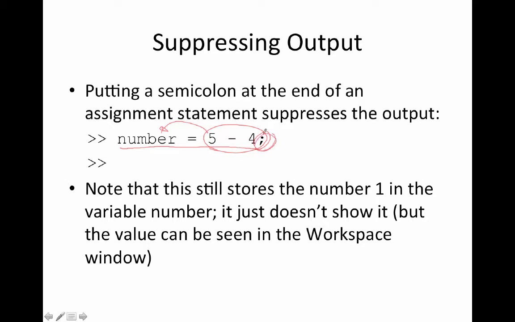But because I have the semicolon here at the end, MATLAB doesn't come back in here and show me that number is equal to 1. It just gives me another prompt. So it does actually store the 1 in the variable number. It just doesn't show that. But you would see the variable number and its value of 1 in the workspace window.